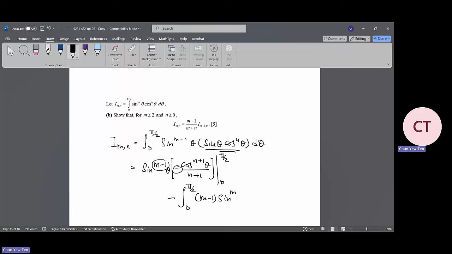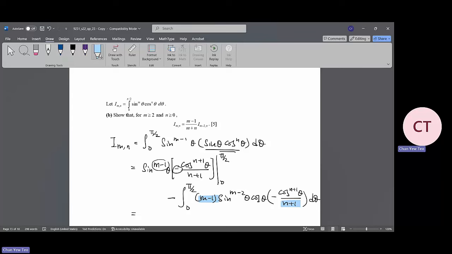The power here has decreased to become power m minus 2 using the chain rule. Then this one will be negative cos n plus 1 theta over n plus 1 d theta. So the negative and the negative here, we will combine them together and become positive. And the constant here and the constant here, we will pull it out.